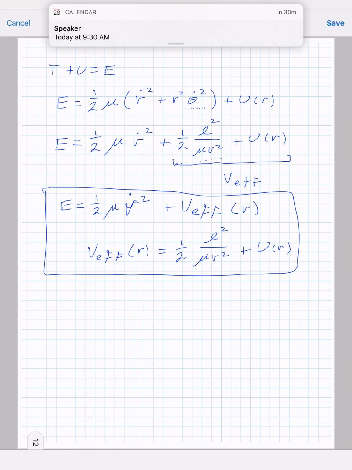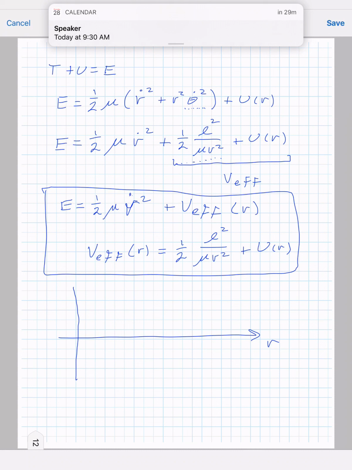The effective potentials, we do want to draw that. We want to make some diagrams on this, because it really helps to understand and to visualize what's happening in terms of these orbital motions, let's say explicitly in an inverse square law. All right. So let's look at energy as a function of radius.